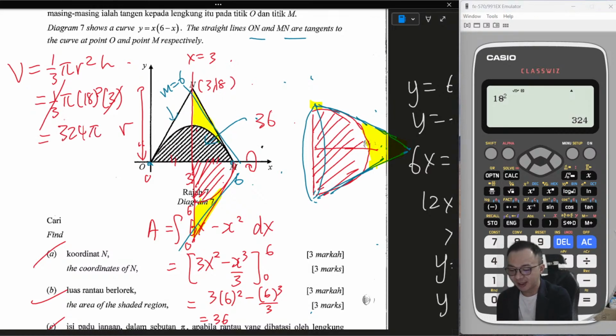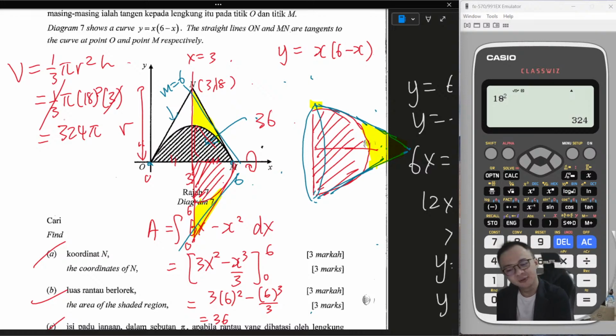Then the black shaded region is going to rotate 360 degrees also. So for that equation, we don't have y squared. The problem is like this: y equals x(6 minus x). Wow, for this one y squared, I think you need to expand quite a lot of things.